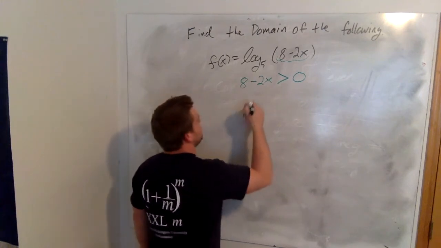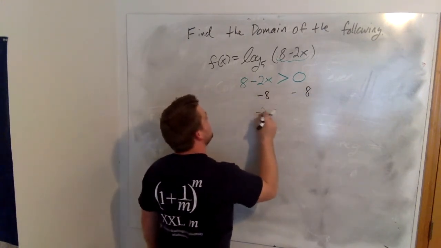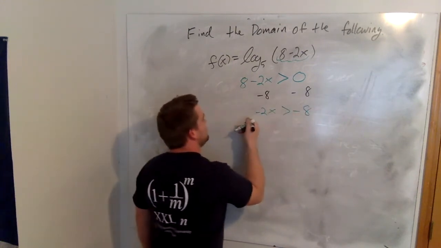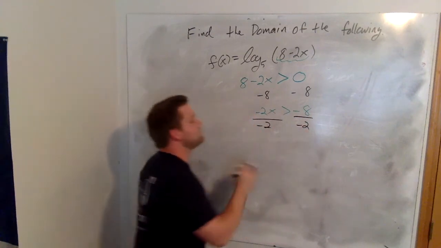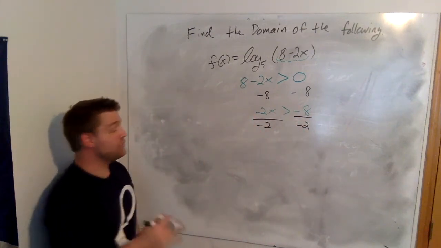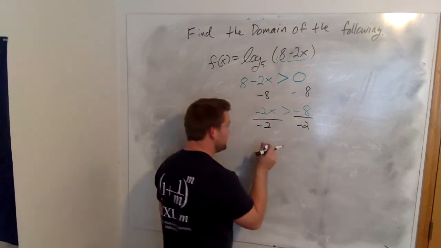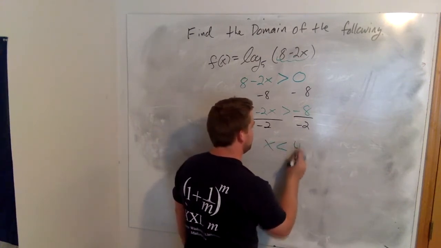We subtract 8 from both sides, so we get negative 2x is greater than negative 8. We divide both sides by negative 2, but be careful. Remember, when we divide or multiply both sides of an inequality by a negative, we have to flip the sign. So x has to be less than 4.